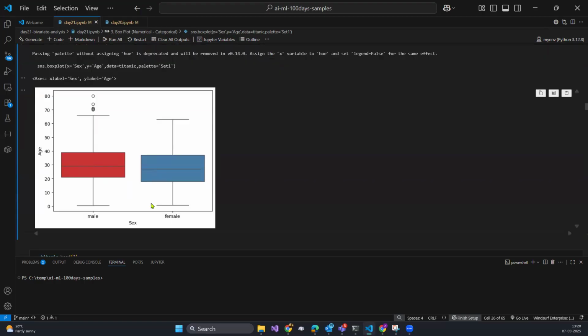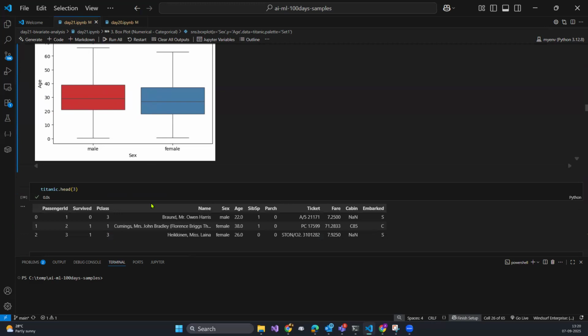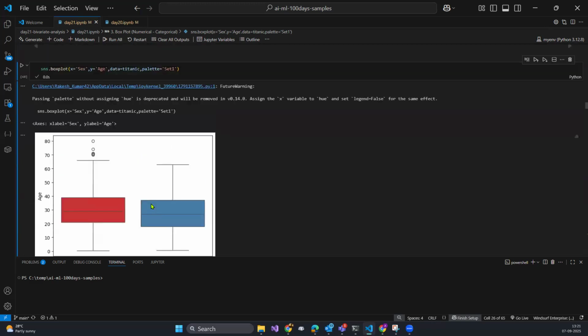So this kind of analysis we can extract from this box plot, right?